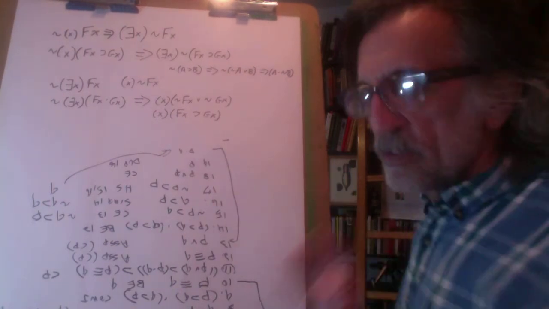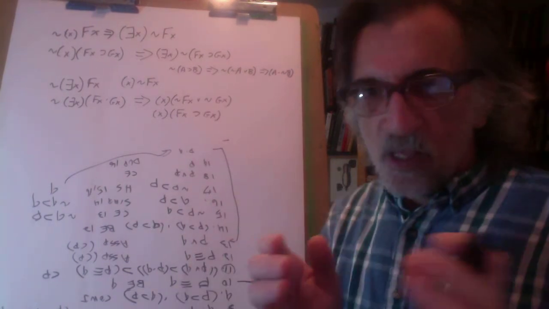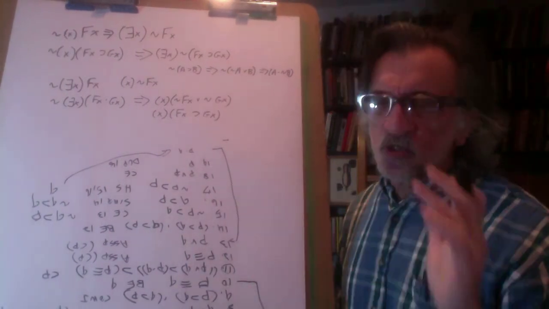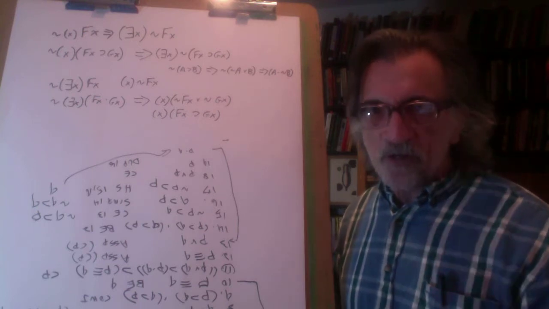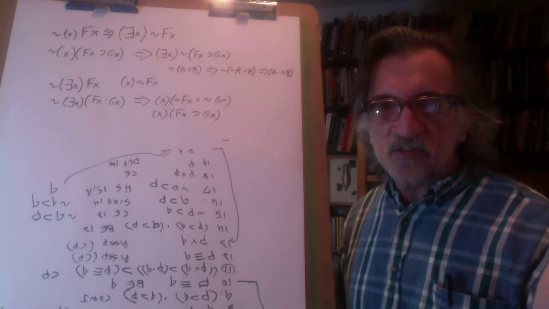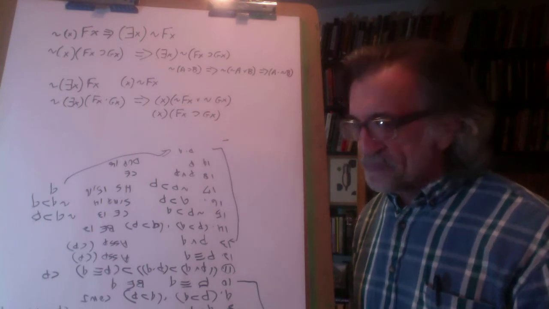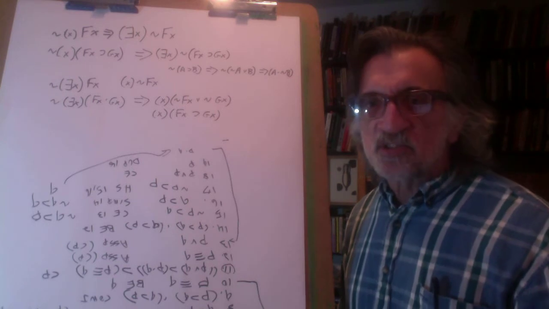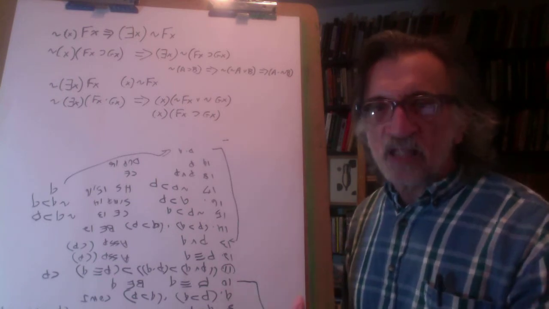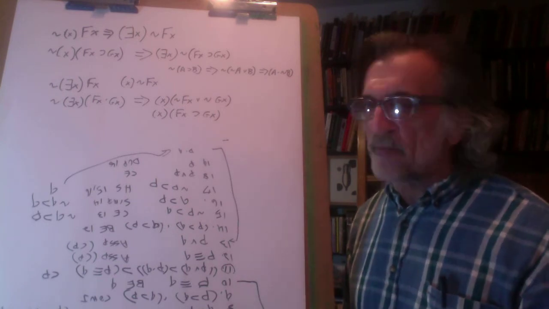Now you recall that the overwhelming majority of statements beginning with a universal quantifier are if-then statements. To say all dogs are happy is to say for all x, if x is a dog, then x is happy.